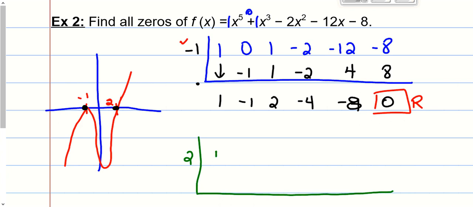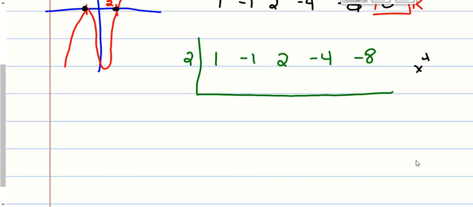So we have 1, -1, 2, -4, and -8. We don't need the 0 because it was a remainder. So just to put out to the side, this one was an x to the 5th at the beginning. This one will be an x to the 4th at the beginning.